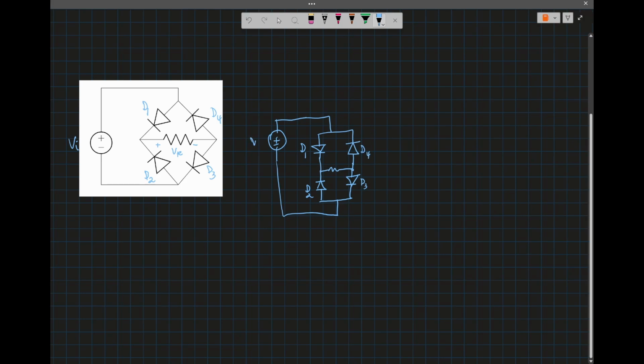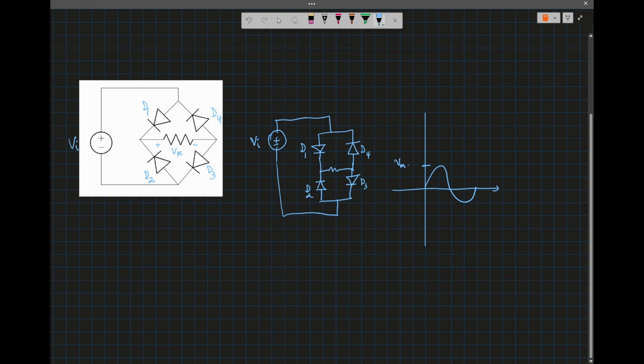So let's assume that the input voltage is a sine wave, which is an application when we want to transform an AC voltage to a DC voltage. So this is our input voltage.